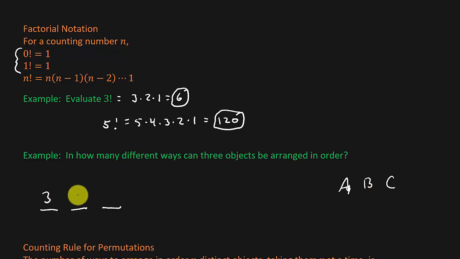And then since I've already used 2 of them, I only have 1 choice for the last spot. And so that's 3 times 2 times 1, which is 6. There's 6 different ways that I can arrange the 3 objects in order, which is basically 3 factorial.